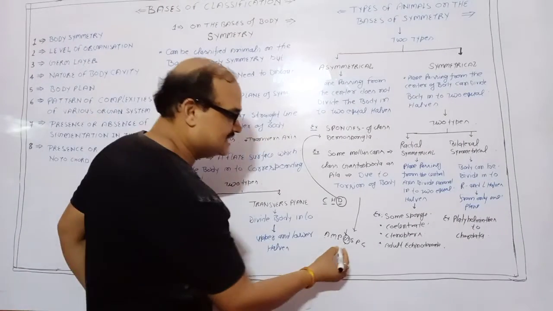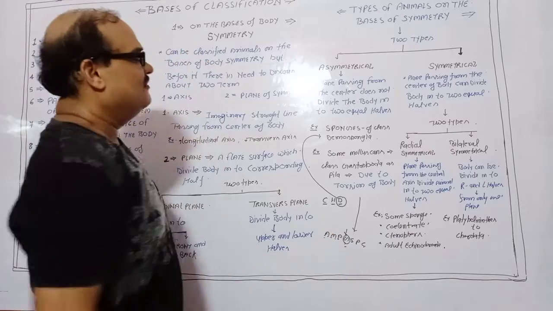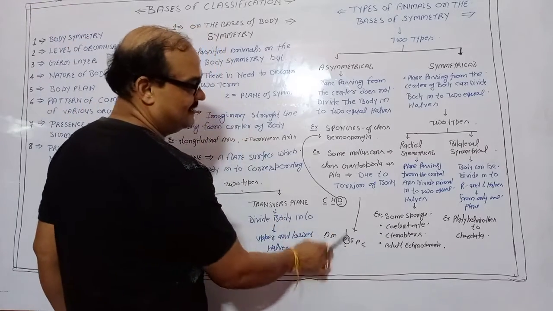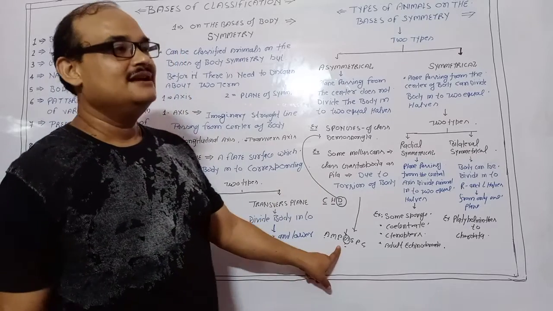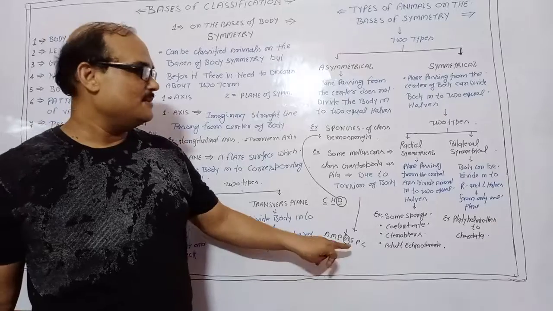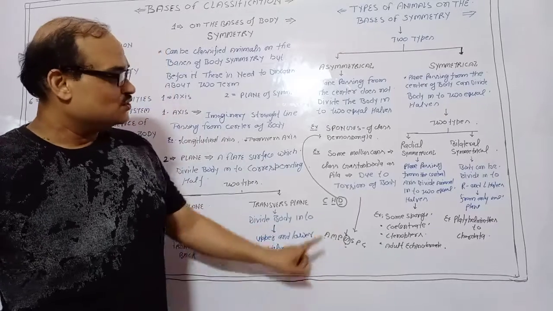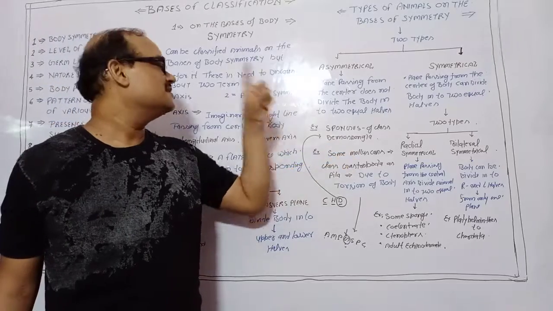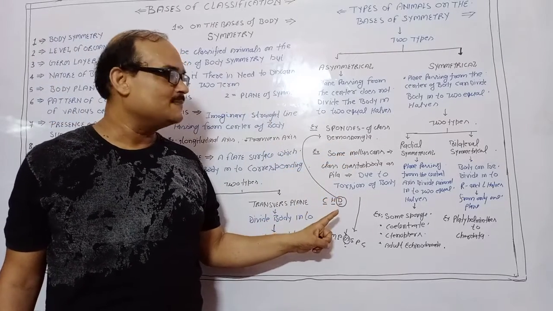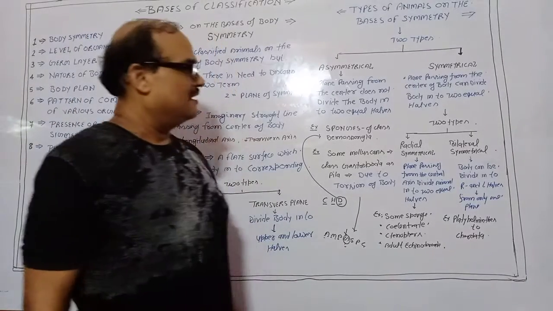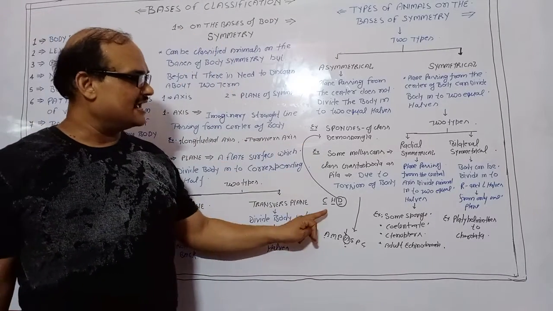That's why this point is very important. And here a very famous, most important example is Pila. We have included it here and will discuss it in detail later in phylum Mollusca. So here, just think that only the members of class Demospongia, such as the bath sponge and freshwater sponge, are asymmetrical.